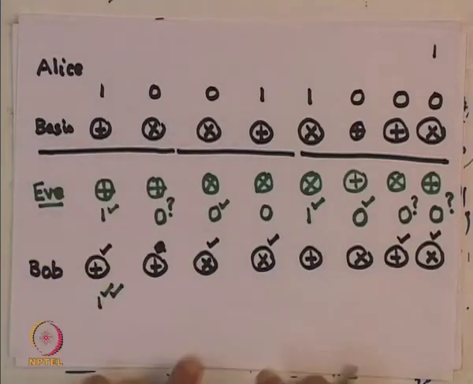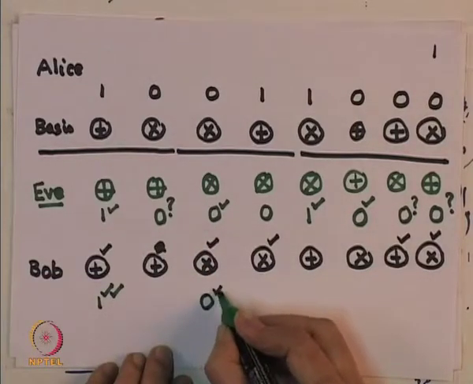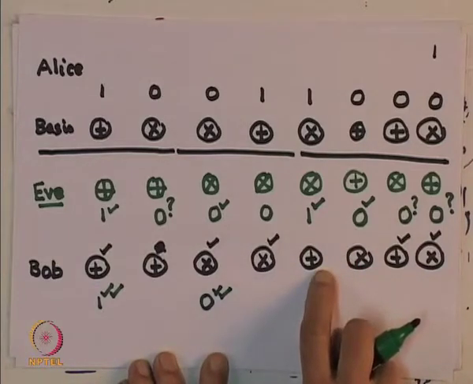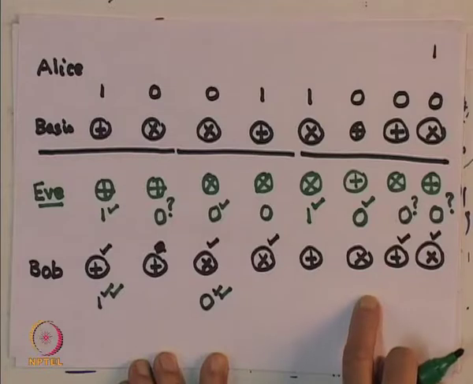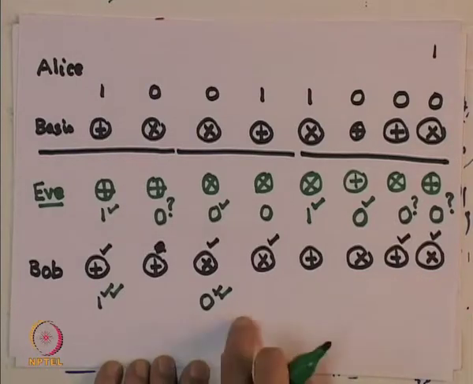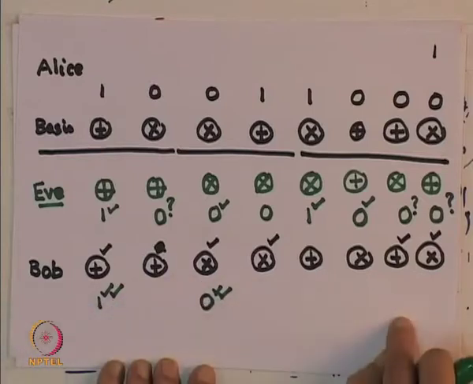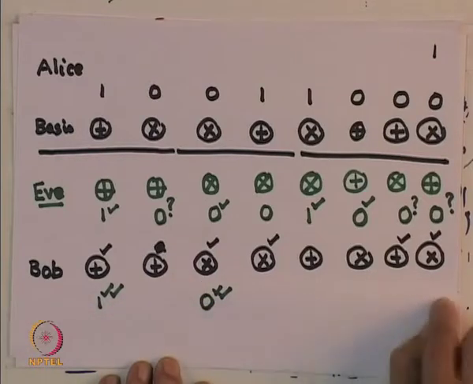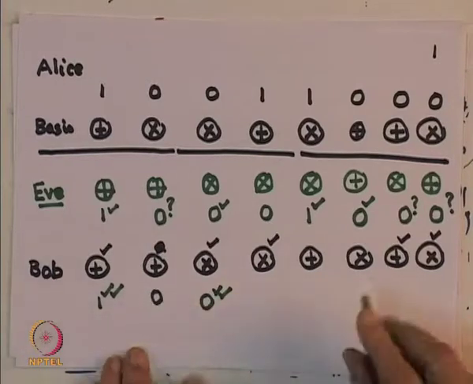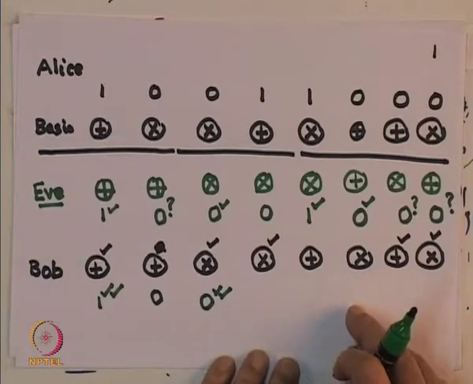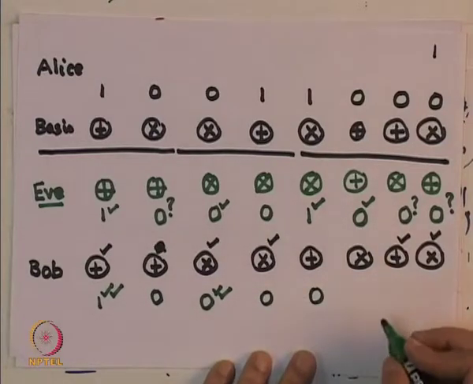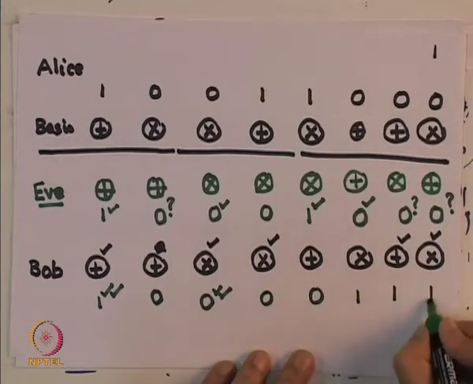This is another case like that. Well, we don't have any other case, so these two agree. Bob will receive random things here. So let me write down what those things are. Let us say 0, 0, 0, say 1, 1, 1.